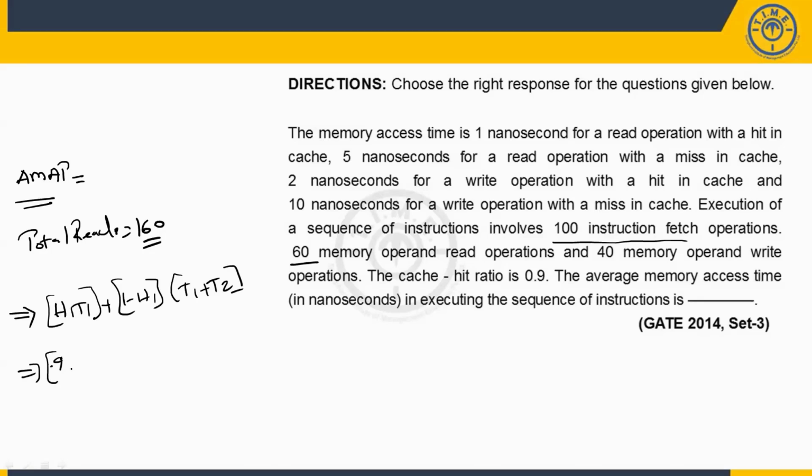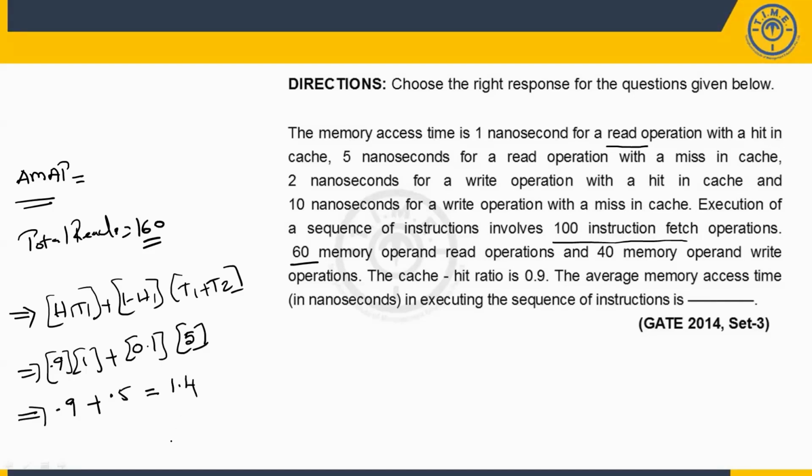So 0.9 into 1 plus 0.1 into 5. It is not 1 plus 5. So that is equal to 0.9 plus 0.5, that is equal to 1.4.